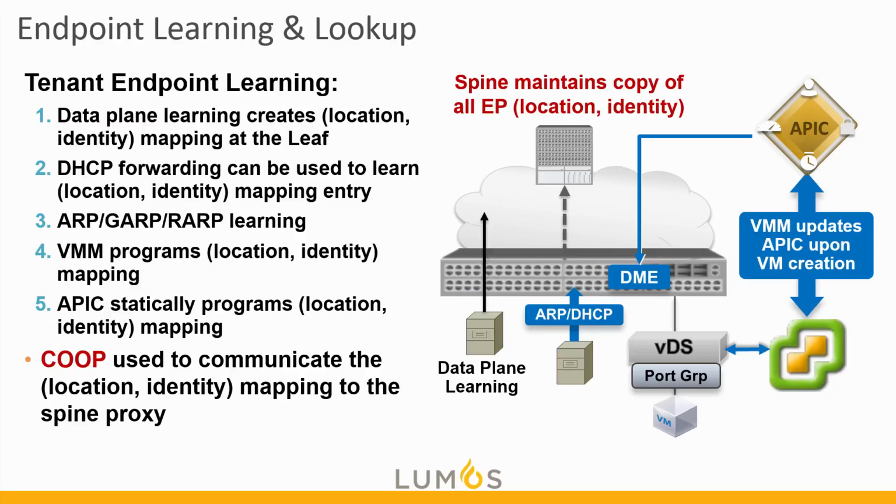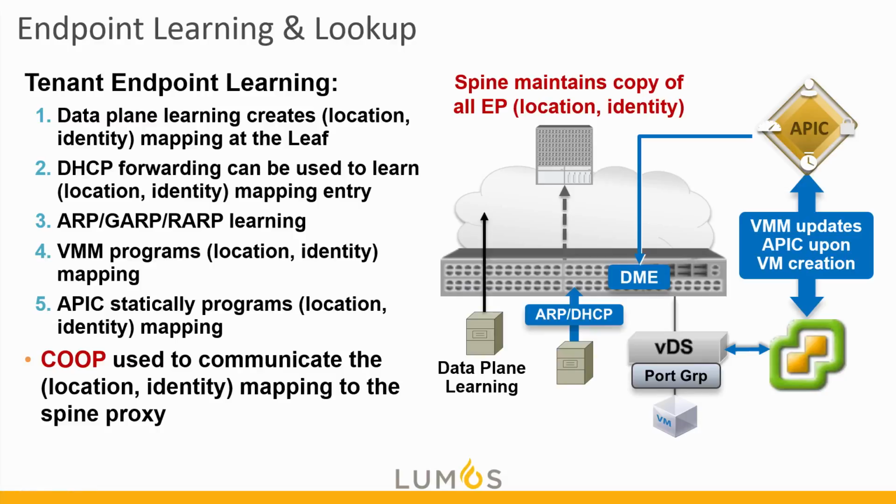Any virtual machine manager, which is VMM. Okay, so let's say vCenter we see here. When we actually have a VM that is mapped to a particular port group on a VDS, a VMware distributed switch, or virtual distributed switch technically, that information is of course sent to vCenter, and vCenter sends the information to APIC, because APIC has basically done a SOAP API request for a subscription to this.